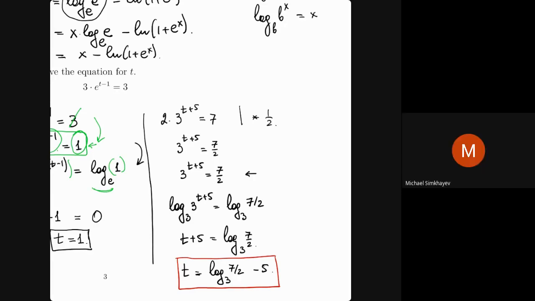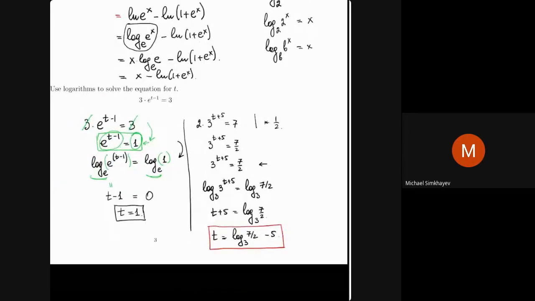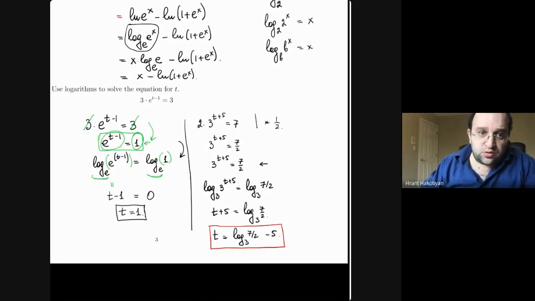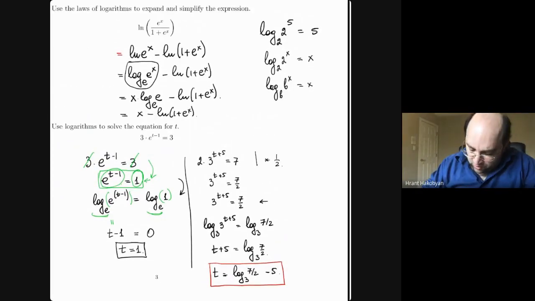But again, we don't have to use log, right? We could also use ln. You could, yeah, but then it would be more complicated.